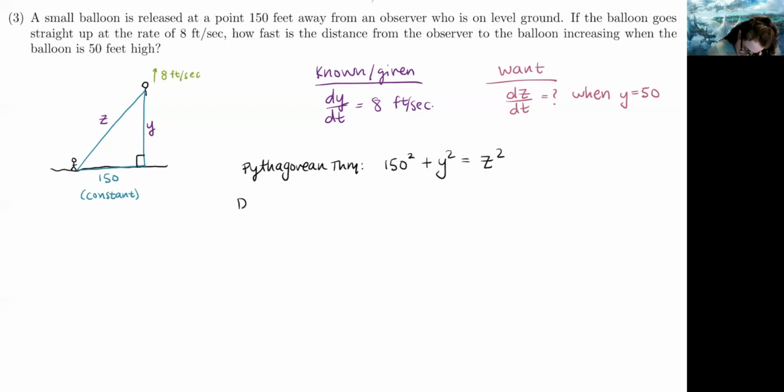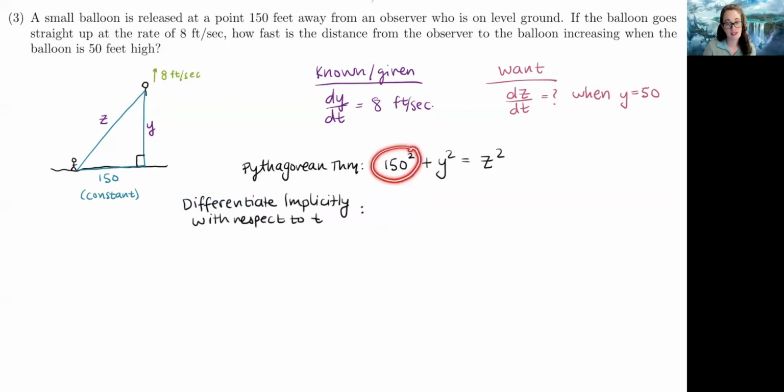Okay, so let's differentiate implicitly with respect to time t. In the first piece here, we will differentiate the 150 squared. That's a constant, so that just differentiates to 0.